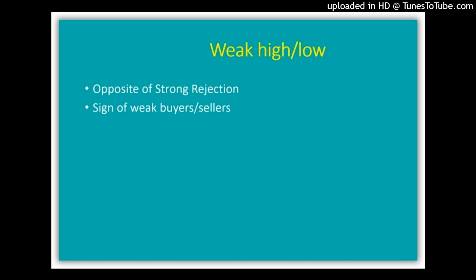The main reason the market wants to test the failed auctions is that the market is looking for liquidity. The big guys who control the market need liquidity to enter their positions. And if there is a failed auction, then it's very likely that there will be somebody willing to trade above the failed auction in this area, because there wasn't a strong rejection.